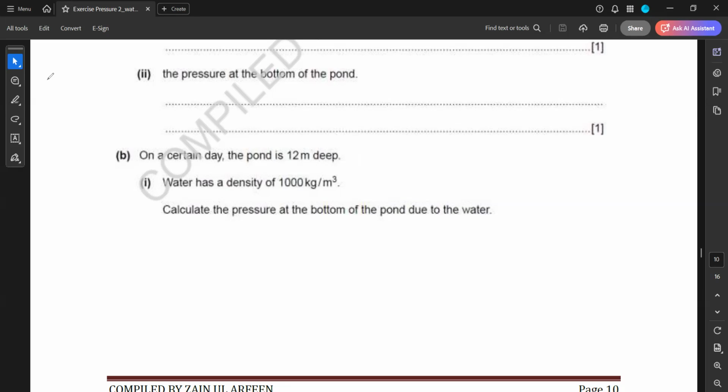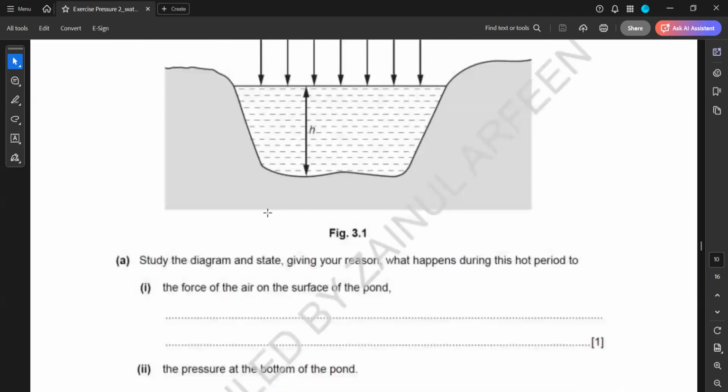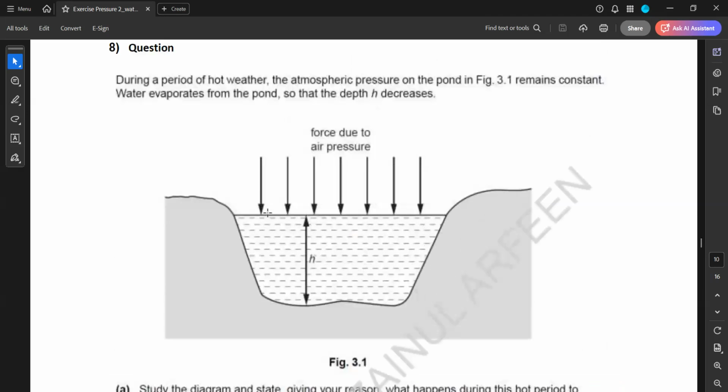There is one question from a student: in what scenario should we add to get the total pressure? If they say pressure exerted by the liquid, it is density, gravity, and depth. If they ask for the total pressure at this point, it is the pressure of the liquid plus the pressure of the atmosphere.